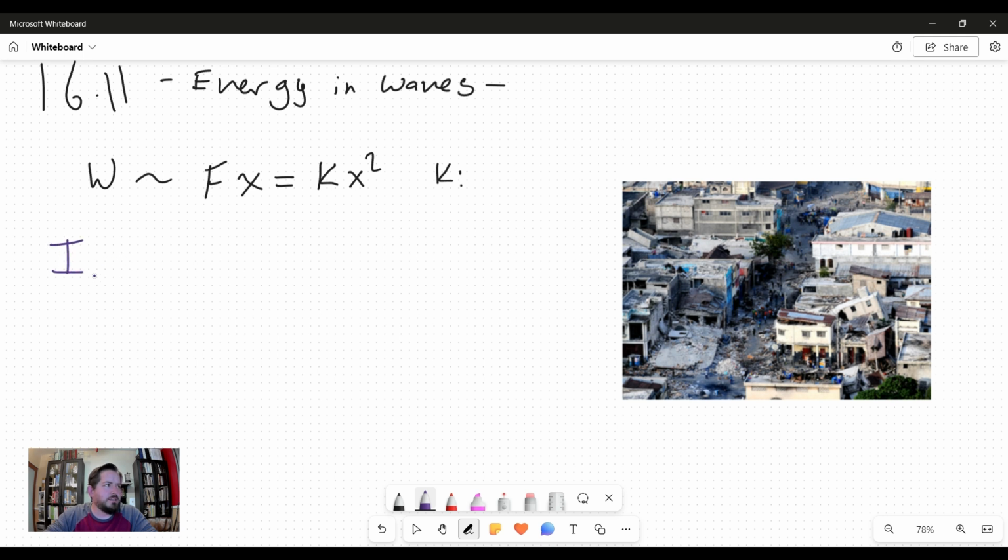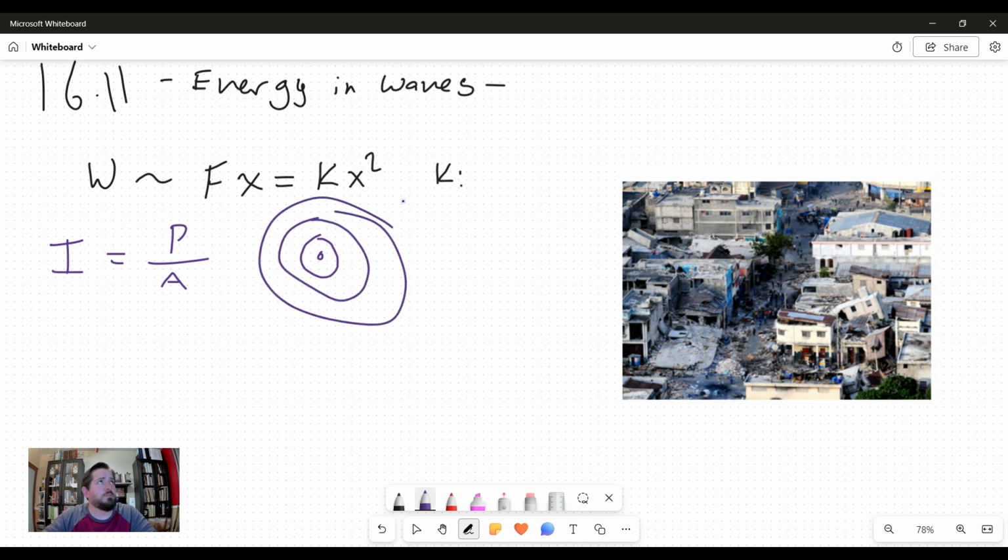The intensity of a wave is its power over a unit area. This intensity decreases as the wave propagates outward, because if you have some disturbance here and these waves go outwards, the circles that I've drawn here will have larger and larger areas in which they are dispersed throughout.